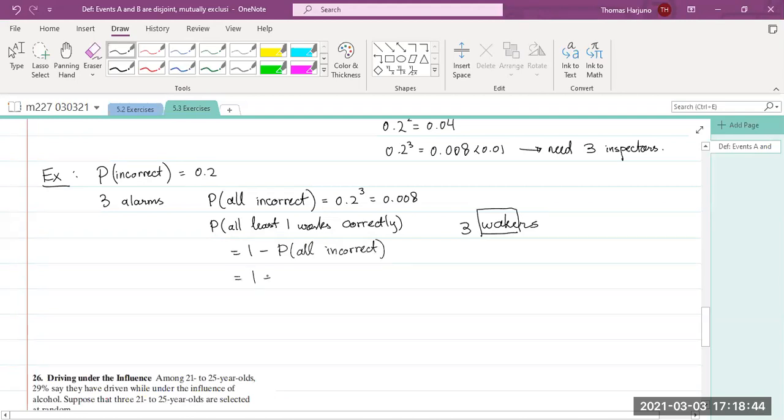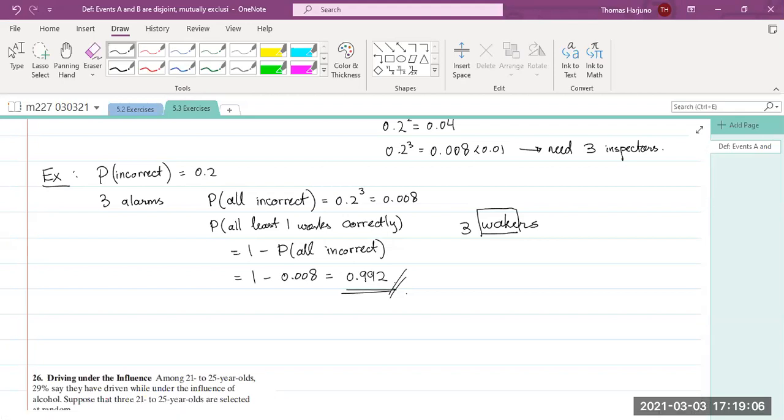So the probability that you will wake up on time is when at least one of them works correctly. That's why using 3 alarms will increase your chance to wake up on time, even if each one of them has a pretty high failure, like 20% chance of not working well.